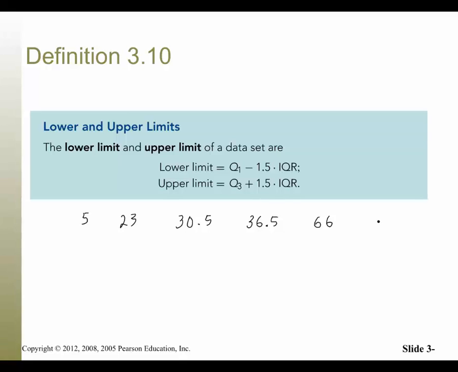There's our 5-number summary. These are 2 new numbers, okay? And what these do is help identify potential outliers in the data set. So what we do is take the interquartile range, and we found the IQR was what? 13.5. And we're going to take 1.5 of that.